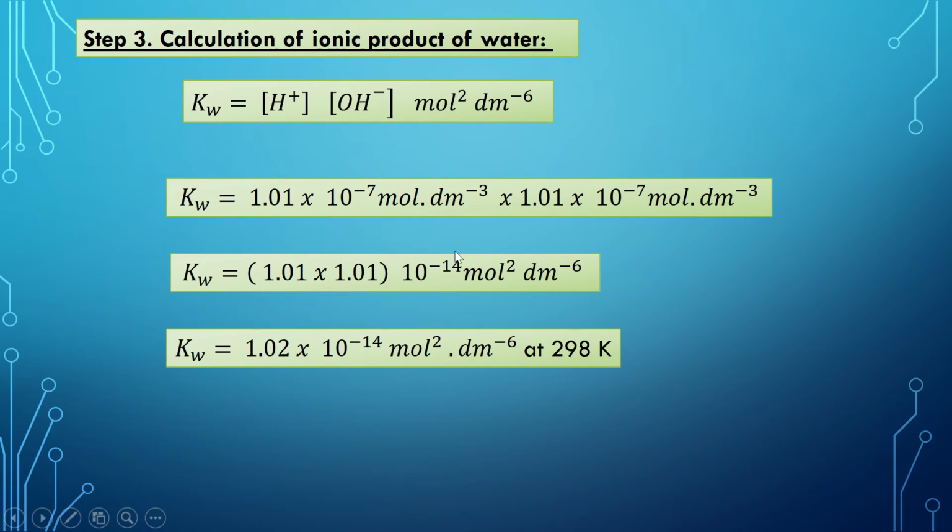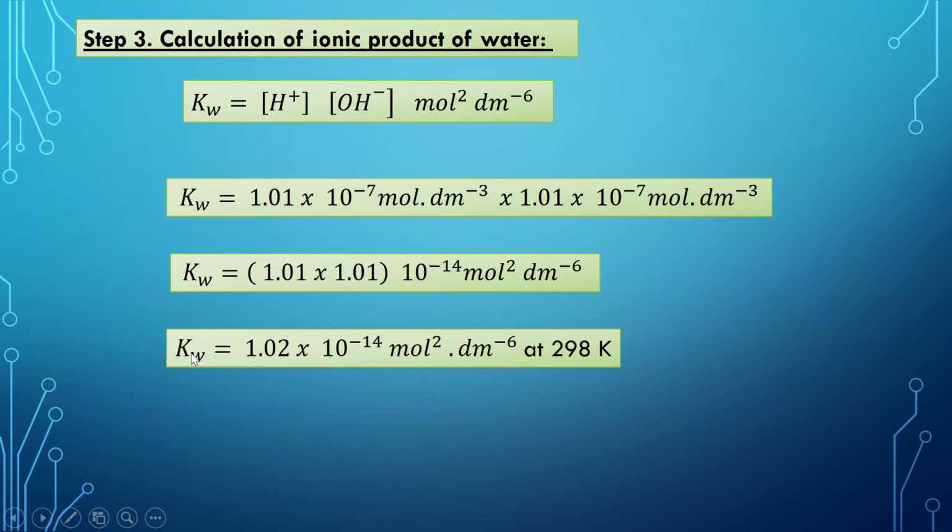In the final step, calculation of the ionic product of water: H plus and OH minus, take the value 1 into 10 to the power of minus 7 and 1 into 10 to the power of minus 7, and multiply these two, it will give you 1.02. Approximately we can write it, or round it up, to 1 into 10 to the power of minus 14, because 10 to the power of minus 7 into 10 to the power of minus 7 gives you 10 to the power of minus 14. And similarly you have to multiply the units: mole into mole gives you mole square, dm raised to minus 3 into dm raised to minus 3 gives you dm raised to minus 6.